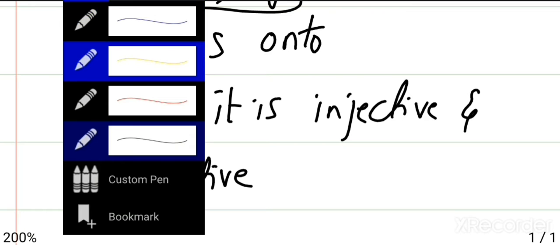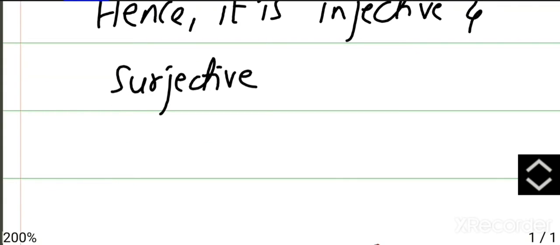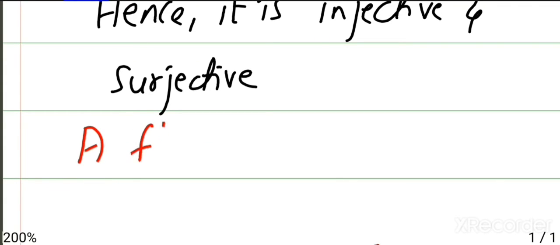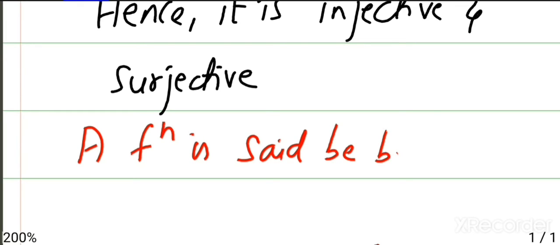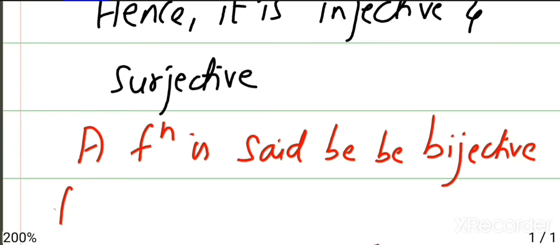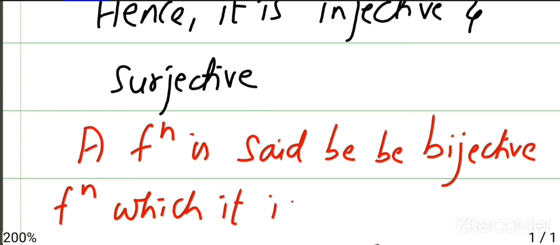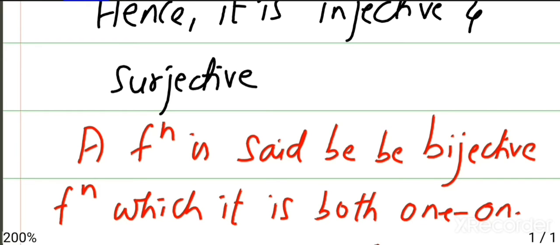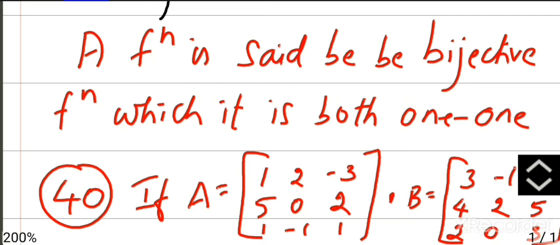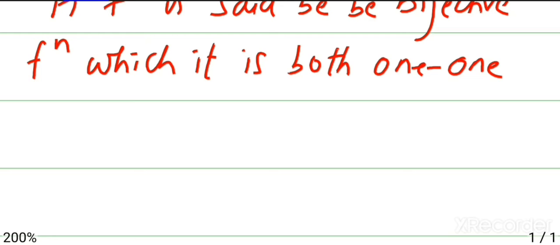Now what is the meaning of bijective? A function is said to be a bijective function when it is both one-one and onto.